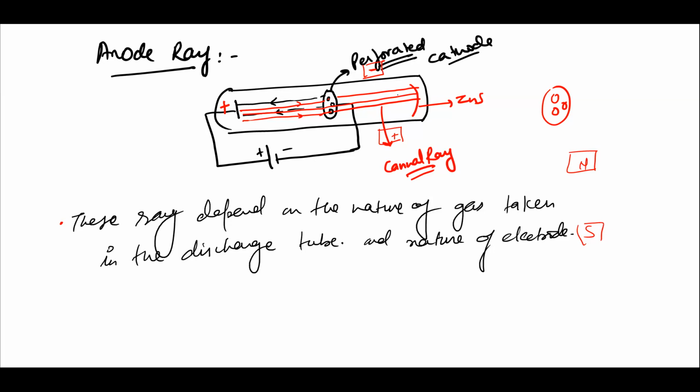When an electric field is applied, they move towards the negatively charged plate. Similarly, let me show you the video for this one so you can understand it better. Okay, just a minute.